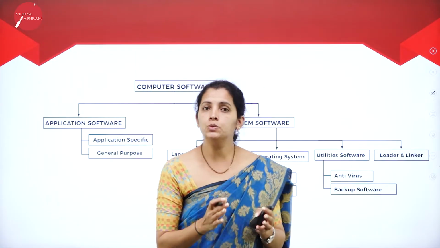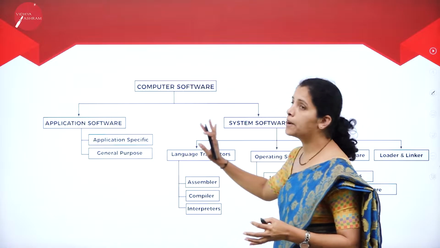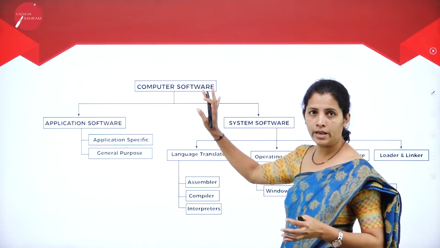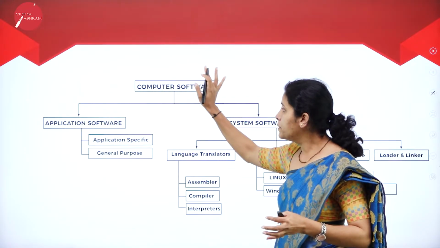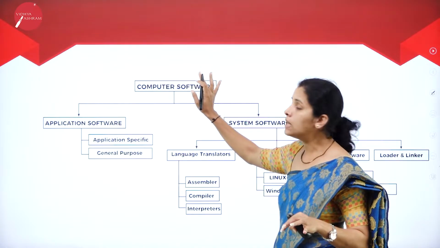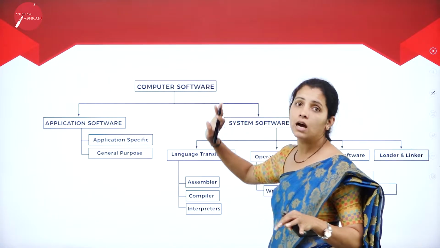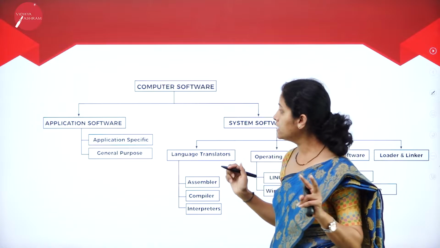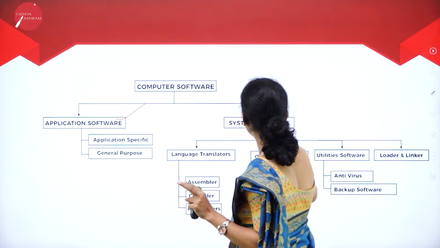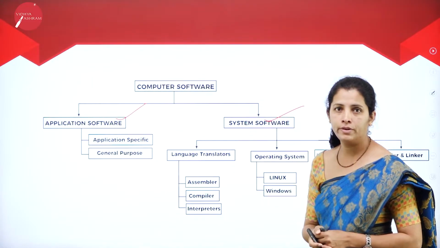This table gives the overall information about computer software. So, what is computer software? We know. Now, computer software is classified into two types, that is application software and system software.